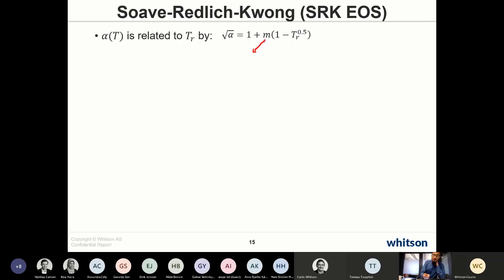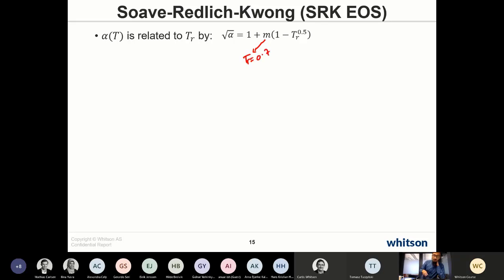And then he started calculating the slope for many different compounds where he had the data with at least two pressure points. So one was the critical point, and the other was the vapor pressure at TR, the reduced temperature of 0.7.